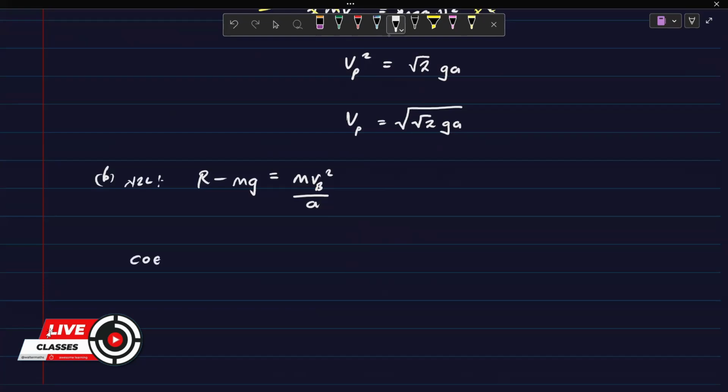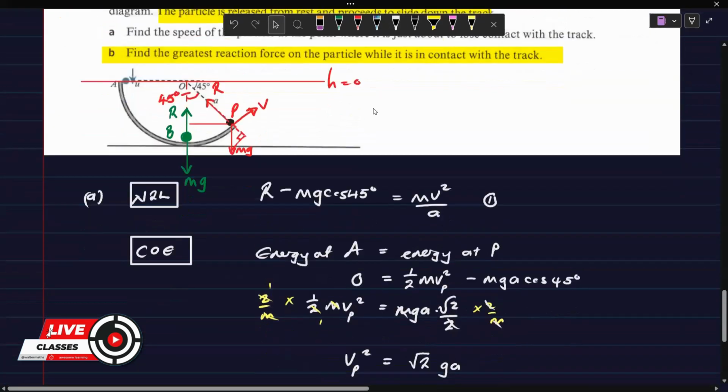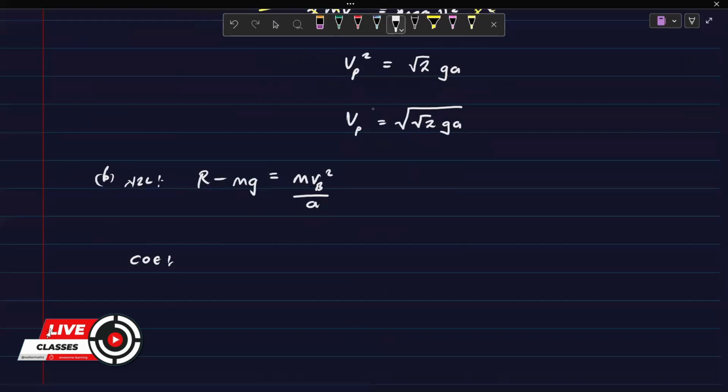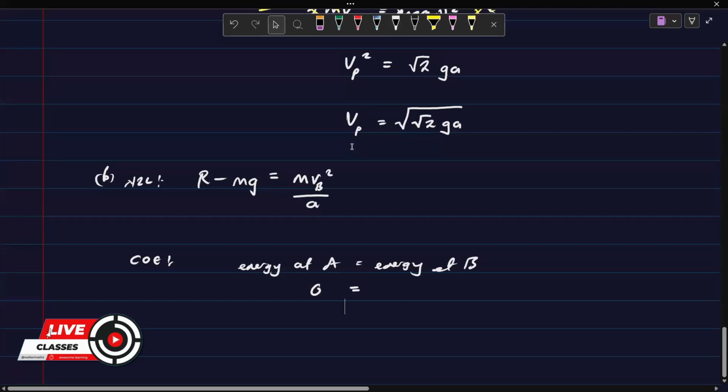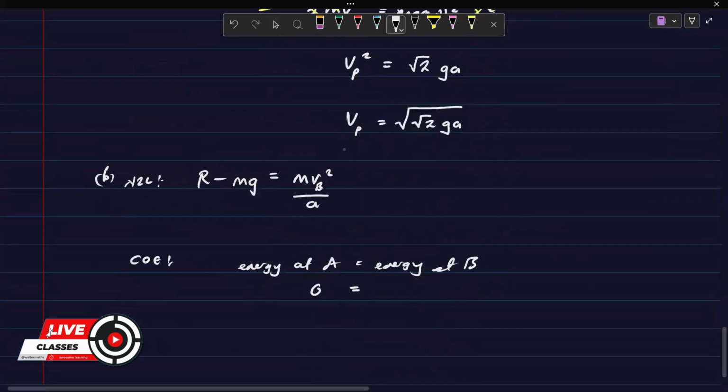Now, applying the conservation of energy, the initial energy at A, which is zero, is equal to the energy at the point B. At B, the kinetic energy will be half m v_B squared, and that's going to be minus mga.